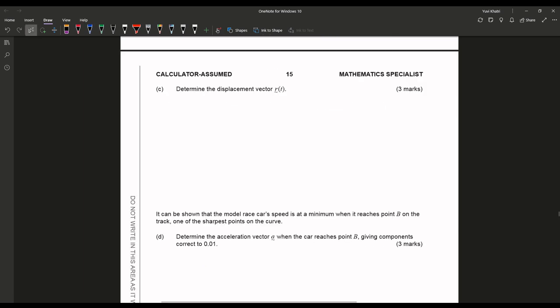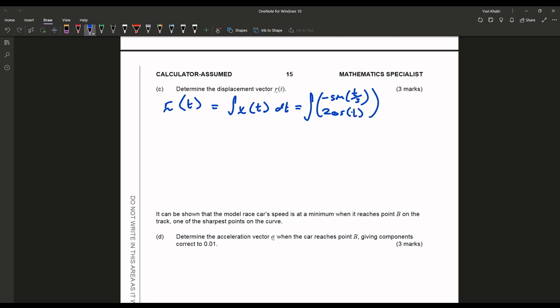Now part C wants us to find the displacement vector r of t. We know that displacement is the integral of velocity. So that's going to be the integral of negative sine t over 3, each component, and 2 cosine of t with respect to time.